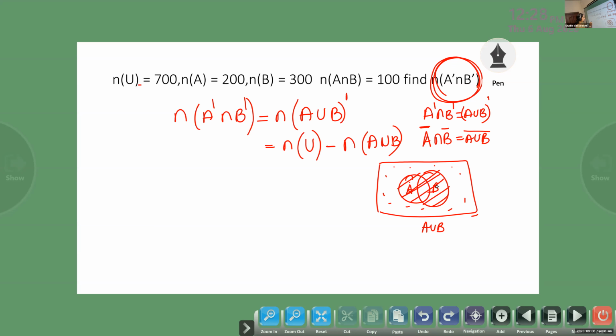So the first step is to find n of A union B. What is n of A union B? It is n of A plus n of B minus n of A intersection B. Apply all the values here.